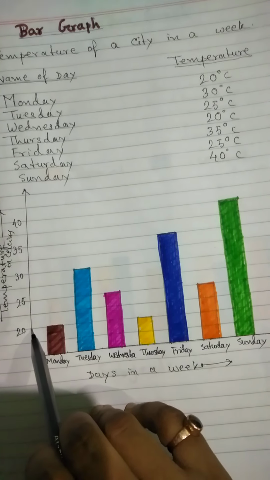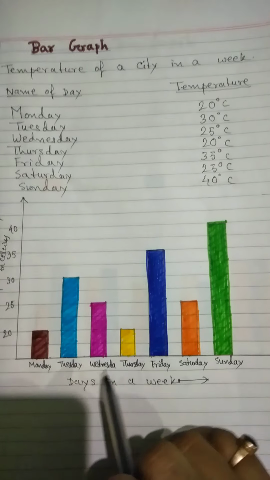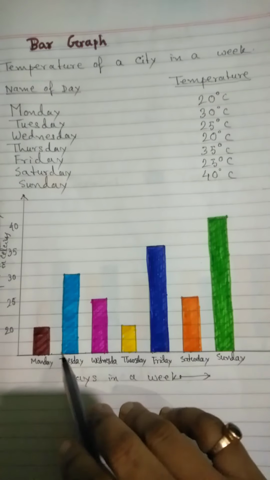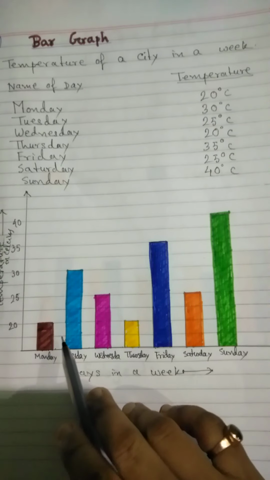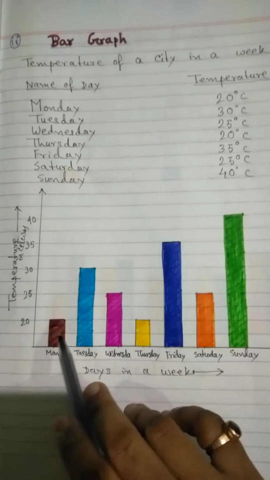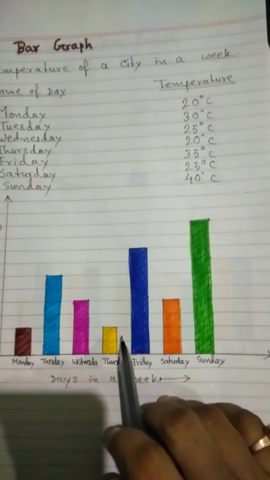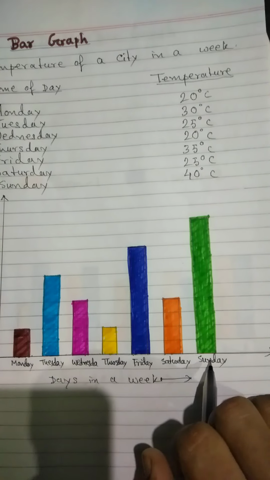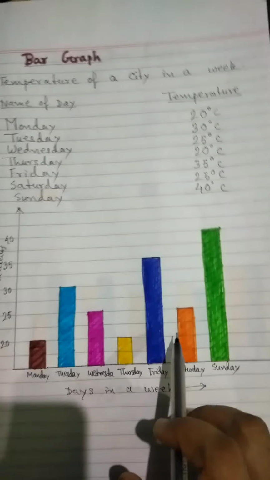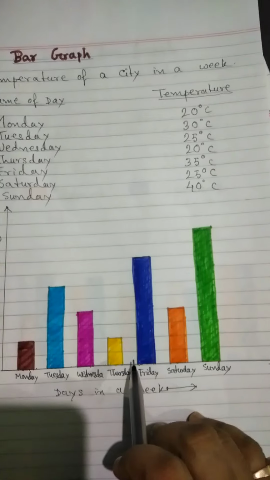So this is representing 20. The bar graph you have already done in a previous class. These are rectangles, all with the same width and the same gap. This is representing Monday's temperature, this is representing Tuesday's temperature. I have colored them to help you understand easily. To make you understand, I have made the rectangles in different colors. I think you will get it properly.